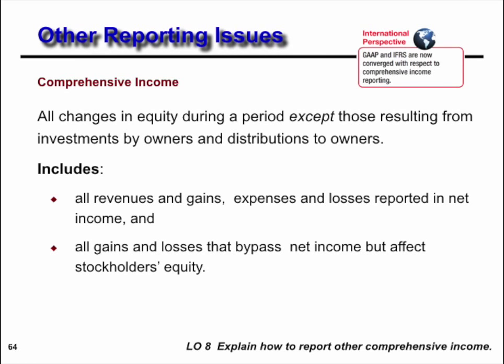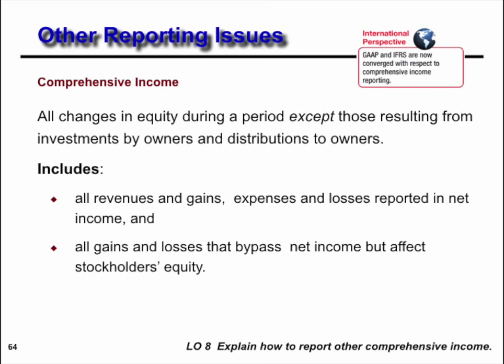You can think of the comprehensive income as an expanded version of the net income. Since net income only accounts for the revenues and expenses that actually occurred during the period, external users don't get a complete view of the company activities behind the scenes.